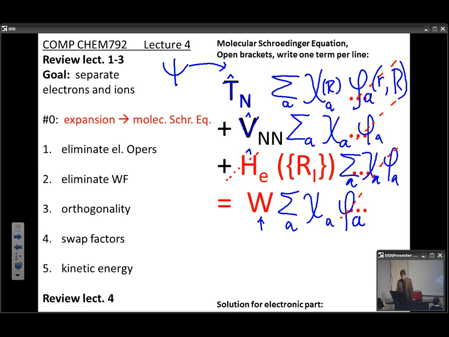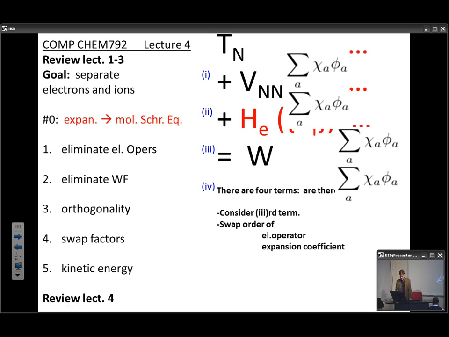In order to eliminate the electronic operator, we can use a very specific property. Let me go to the next slide, where we have the same expression, just arranged in a typed way.